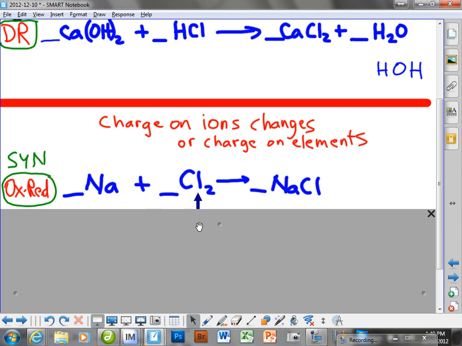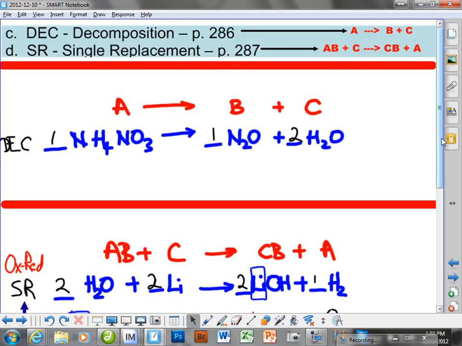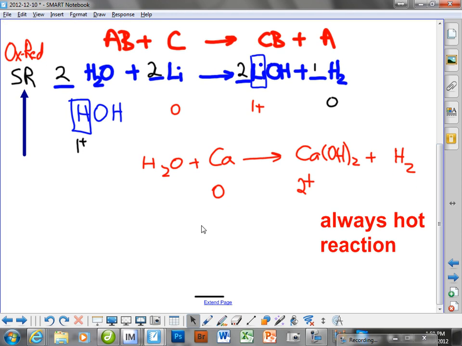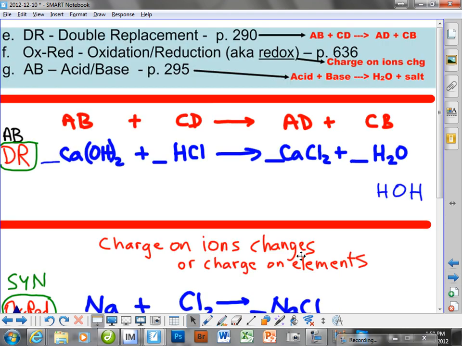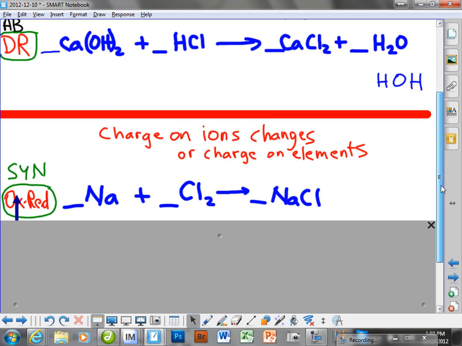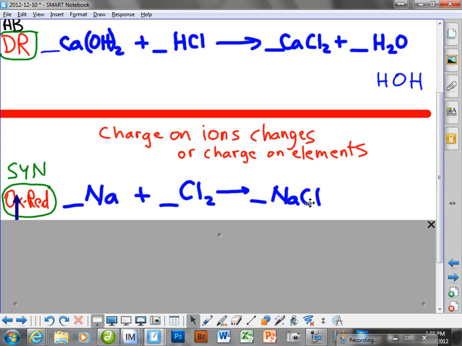Okay, and it just whites out the screen almost. And so you know that this is a hot reaction, and oxidation reduction, just like we said in the last one here, oxidation reduction is always hot. Okay, so we got oxidation reduction again, and it's a hot reaction, and this is also a synthesis reaction because two become one.